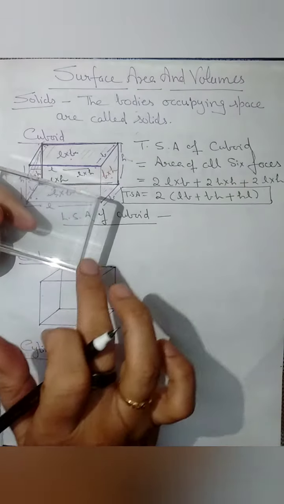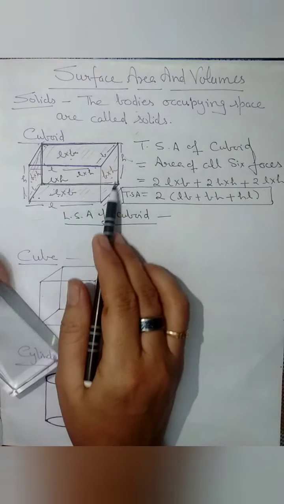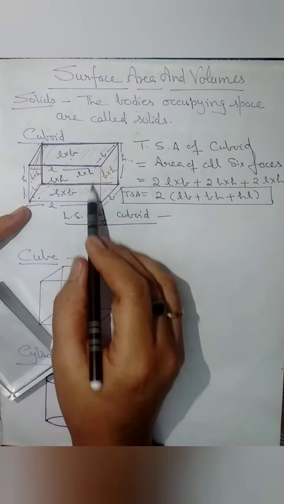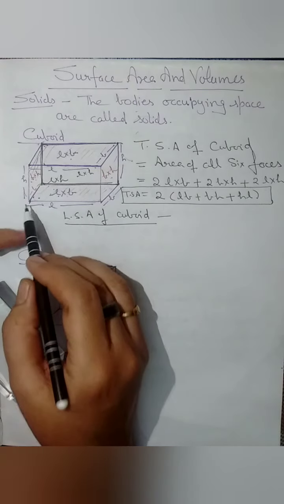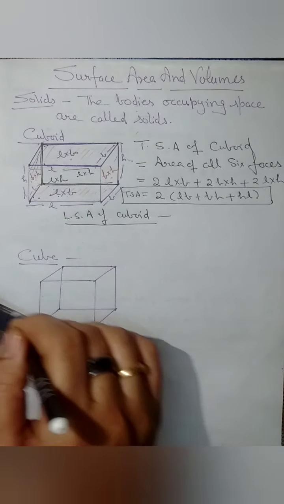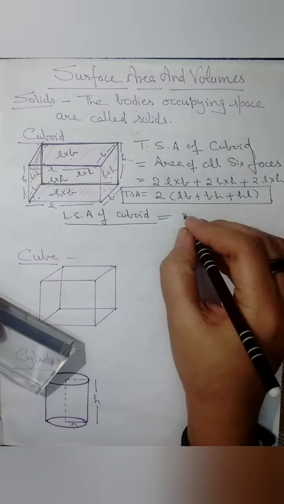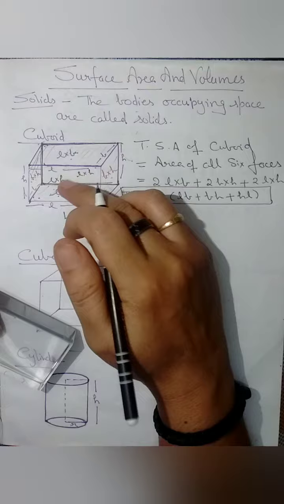Only the side faces will be included. If you see the figure, the area of the front face is L multiplied by H, as this is L and this is H.